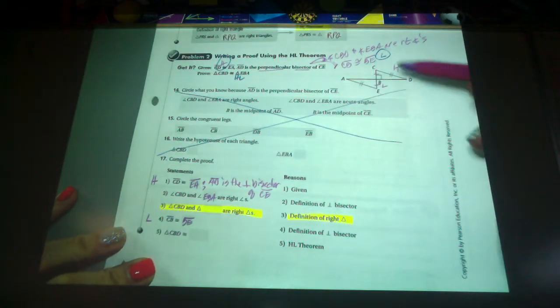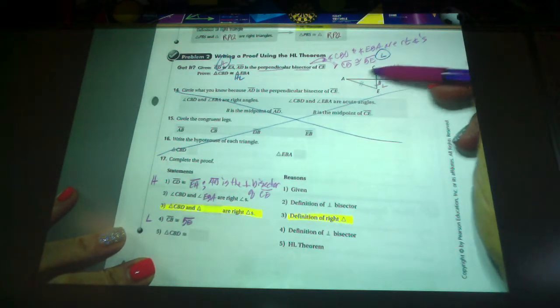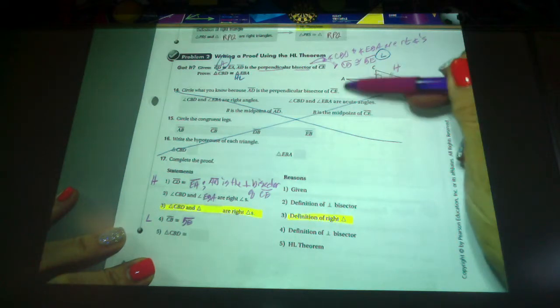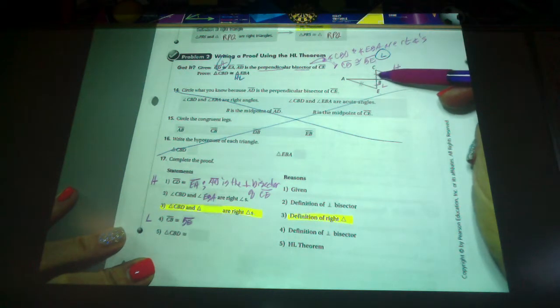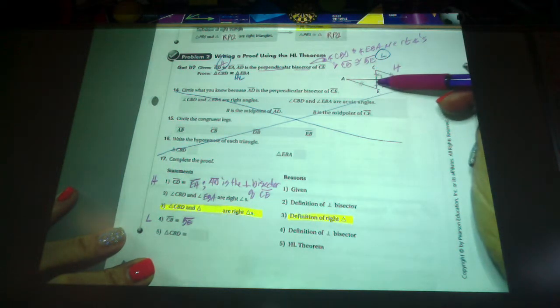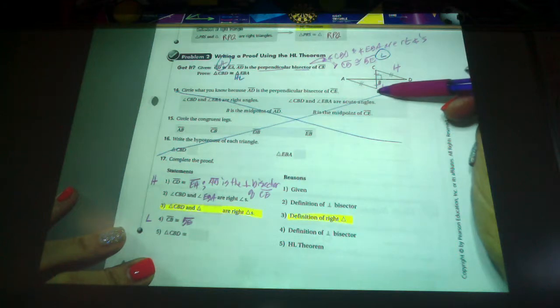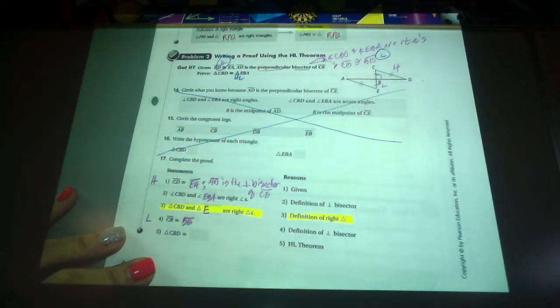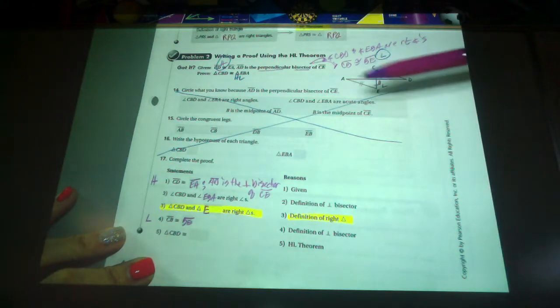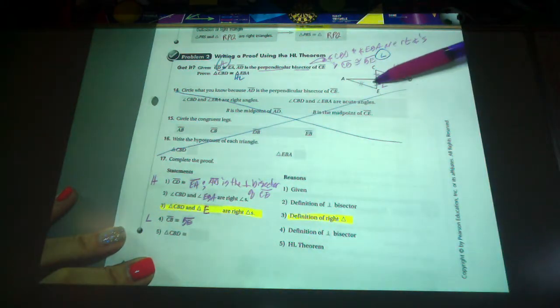So CBD, let's look and see what corresponds. What corresponds to C on this triangle? C is between the one tick mark side and the right angle. So here's my right angle, here's the one tick mark side. Shouldn't it be E? Not everybody sees it, my dear. And then on here, B is the right angle.